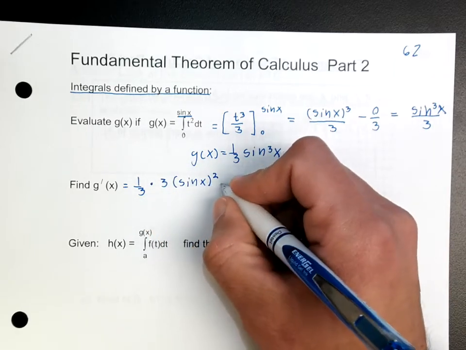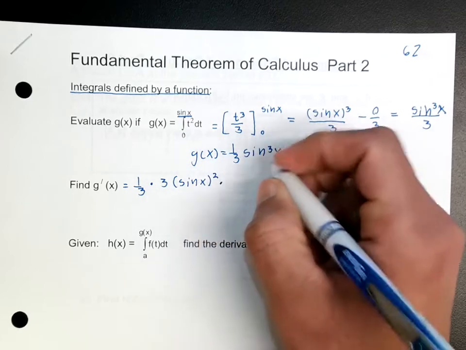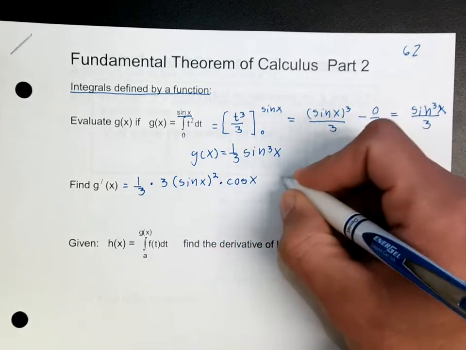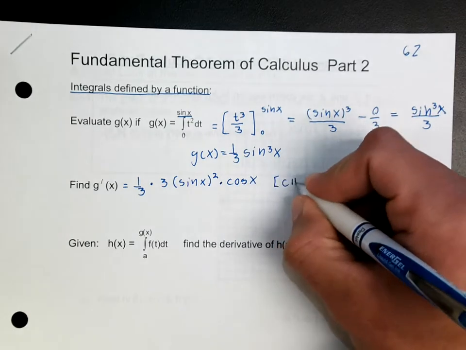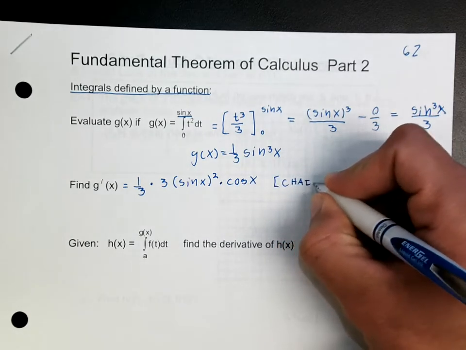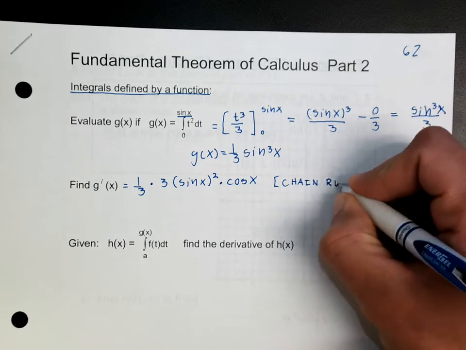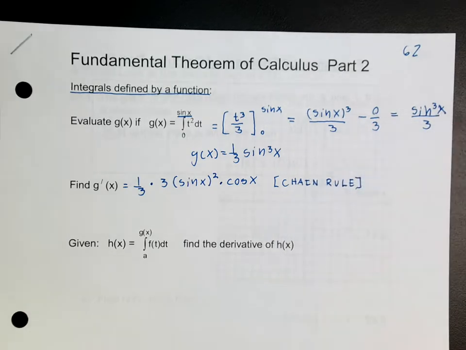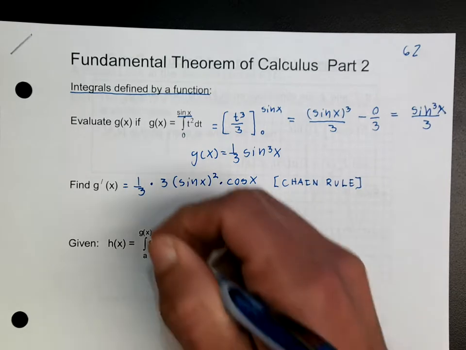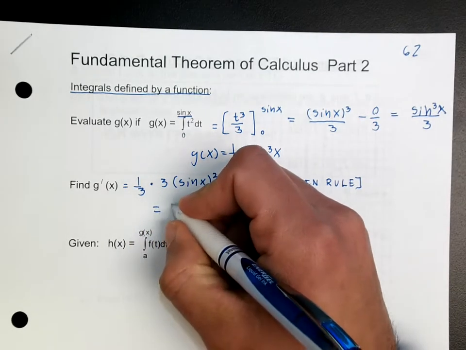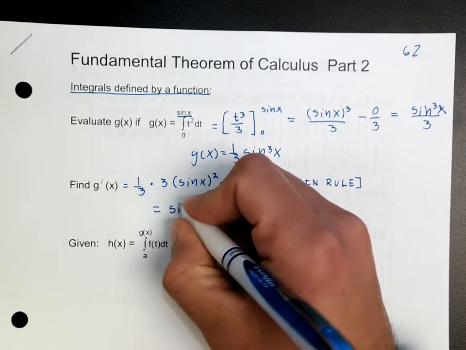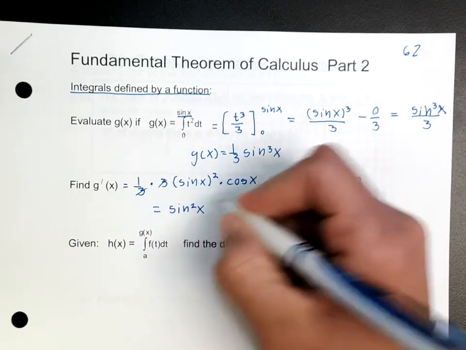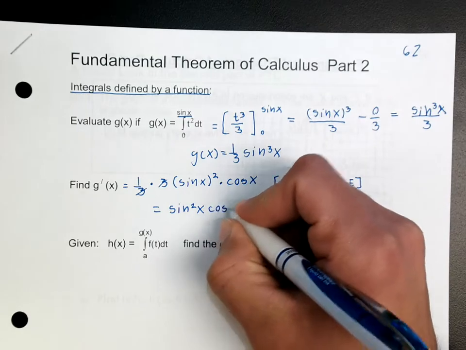Again, I'm taking the derivative times the derivative of sine, which is cosine. Okay, again, that was a chain rule. So that's going to be equal to, 3 is going to cancel, so we have sine squared x cosine x.